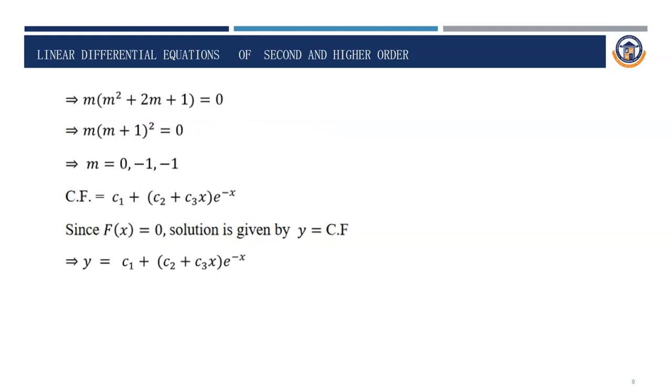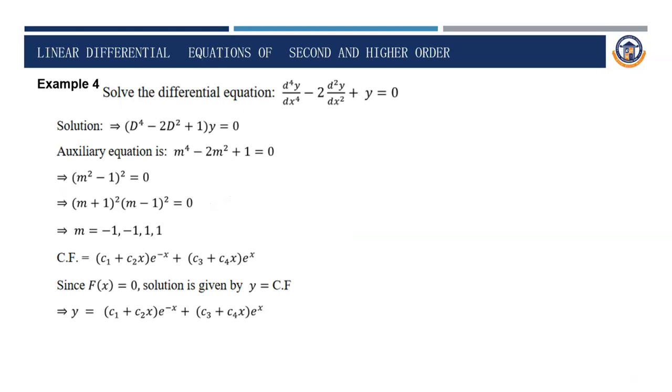Here minus 1 is repeated. For the first root, C1 e power 0x, and e power 0 is equal to 1. For the repeated roots minus 1, minus 1, we get C2 plus C3x into e power minus x. Since the right hand side is 0, the complementary function is our solution: y equal to C1 plus C2 plus C3x e power minus x.